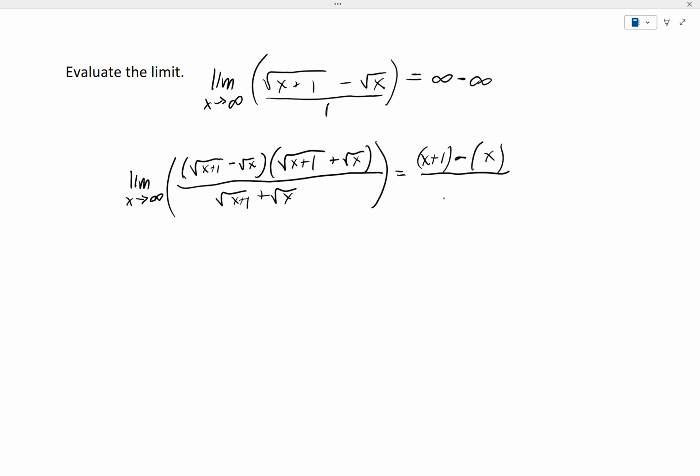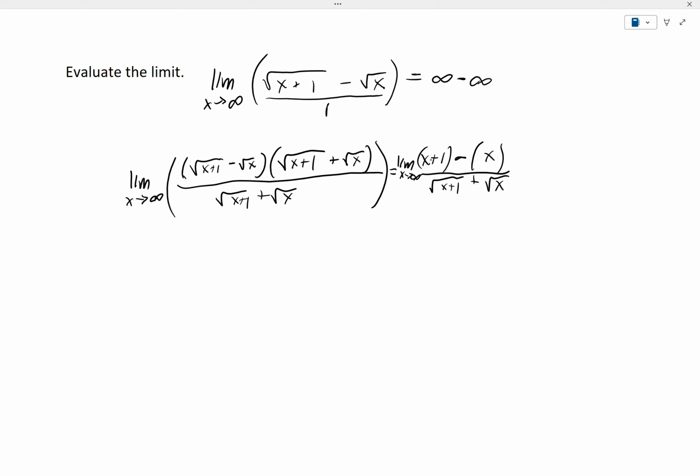Denominator becomes the same thing that it was, root of x plus 1 plus root of x, and I'm just realizing now I have to stick my limit on the front of that. There we go. So this is what we get now.